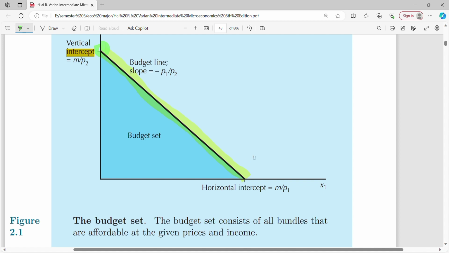So X1 is denoted here and X2 is denoted here. If the bundle is here, that means the whole income is spent only on X2, that is income divided by price of X2. So M by P2 is the vertical intercept, and the same applies on the horizontal axis: M by P1. And the budget line's slope will be denoted as minus P1 by P2.